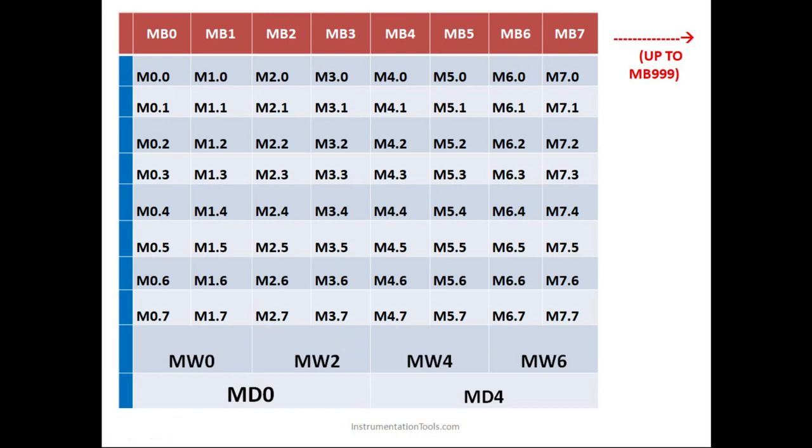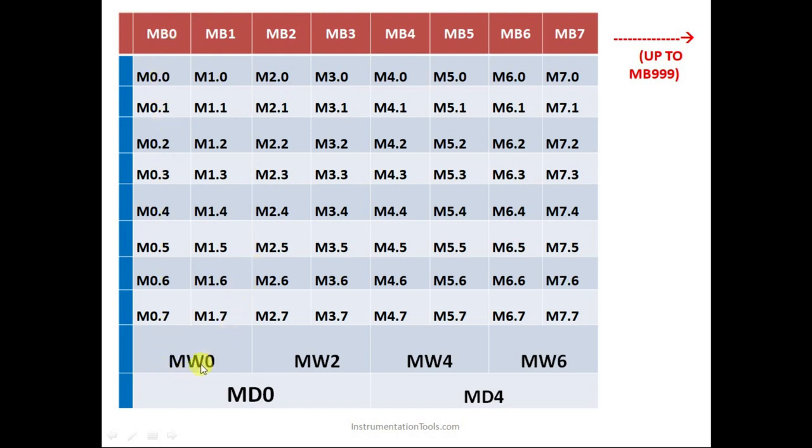One important thing to observe is that we are not writing MW0 and then MW1, we are directly writing MW2. This is because one word takes 2 bytes. What is the address of this byte? MB1. It has already been taken by MW0.